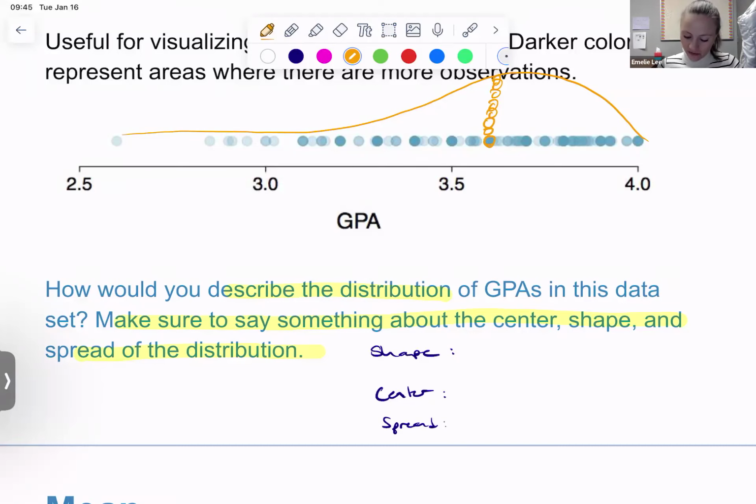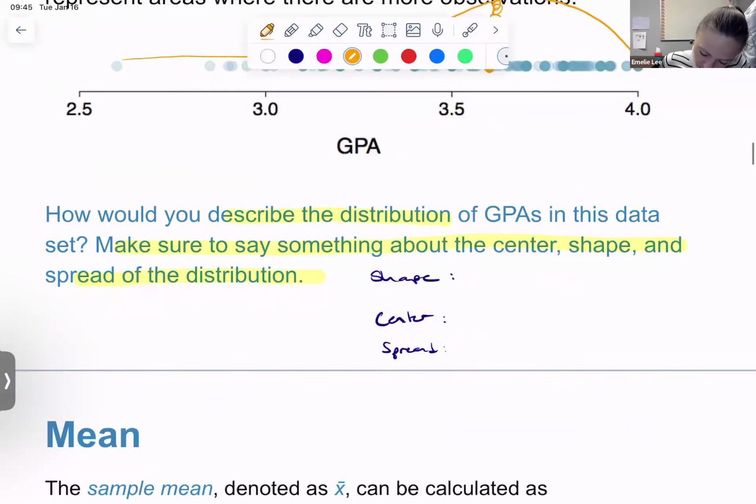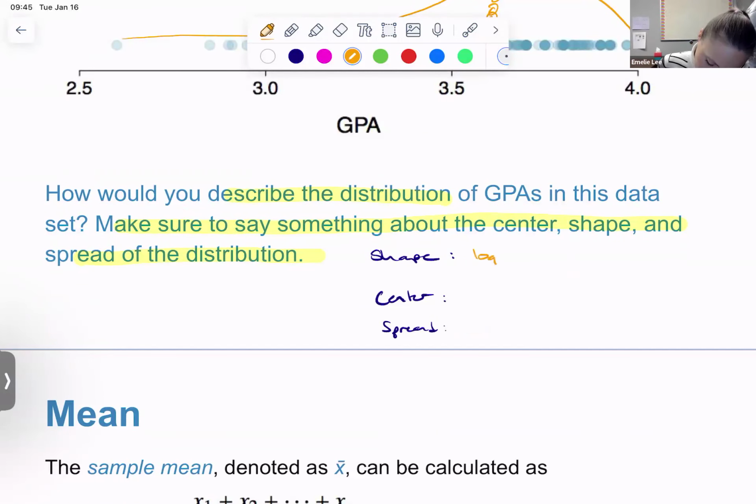In terms of the shape, I would say there's a long tail on the left, and we are developing terminology for this, but we're just introducing the concept right now. When I talk about the distribution, we're talking about what this thing looks like. So in terms of the shape, I would say it has a long tail on the left.